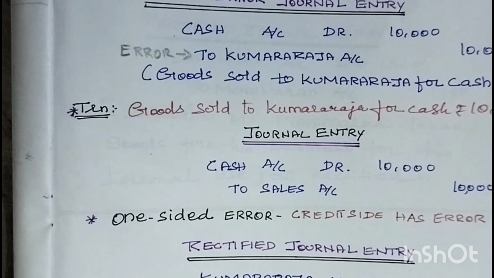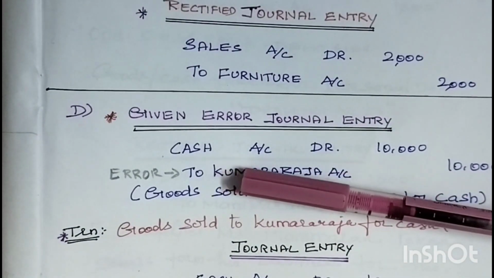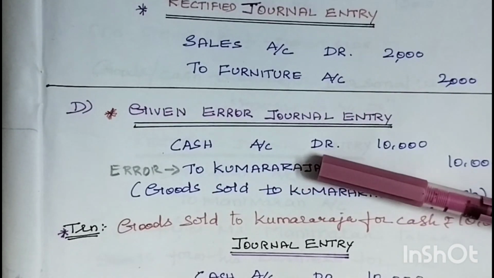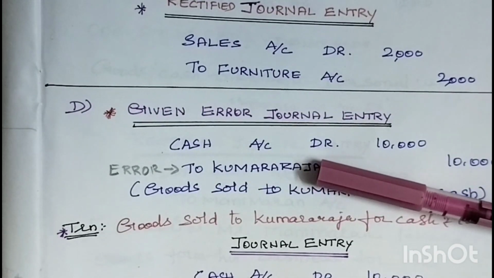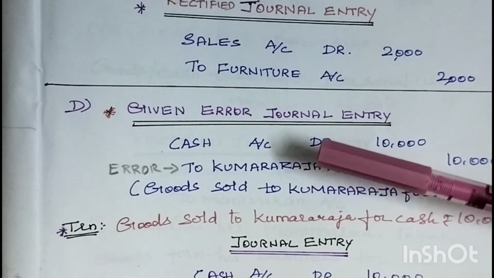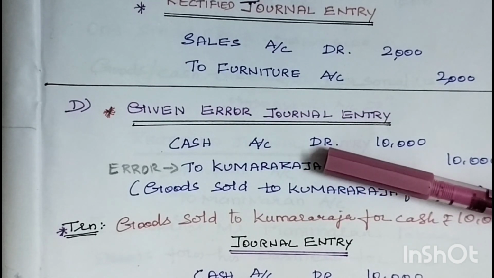Which side do we have the error? On the credit side we have the error. We found it is Kumara Raja account, so we have to debit it only. The error account is on the credit side, so we have to debit it.